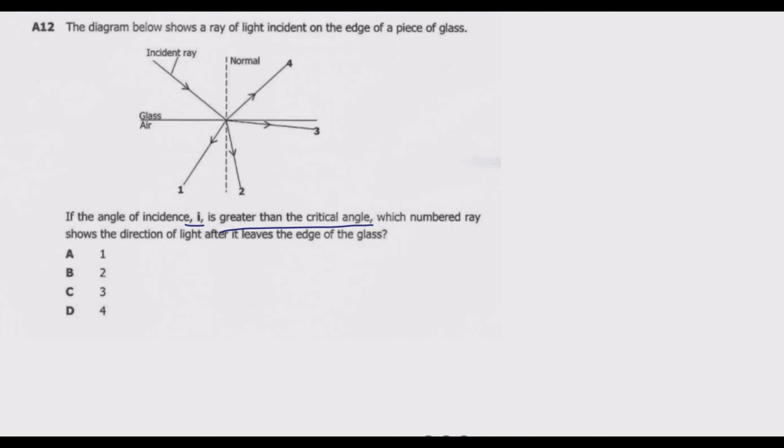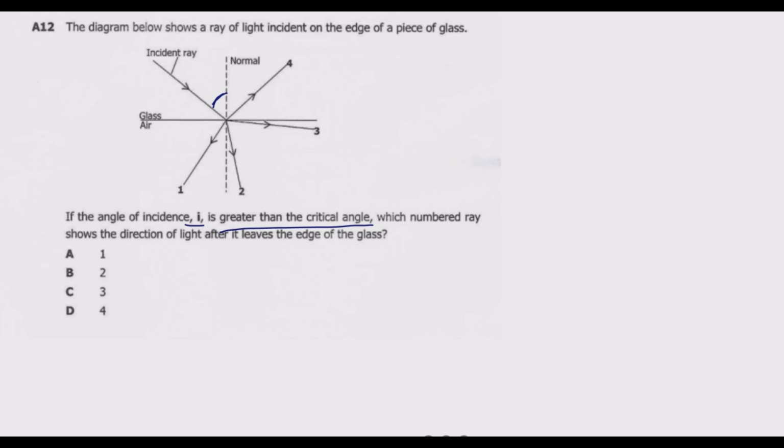So what we know is we have this incident ray, and its angle is greater than the critical angle. Remember, the critical angle is the angle for which the refracted ray will be 90 degrees to the normal.